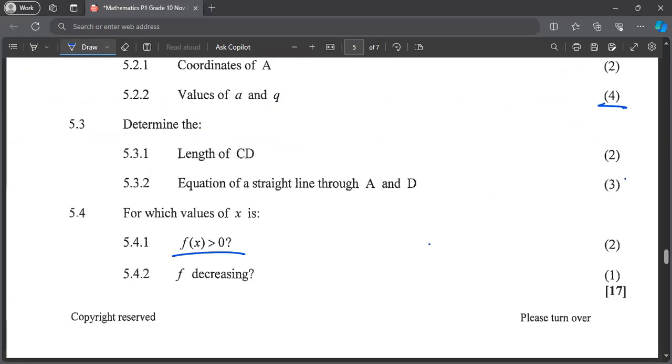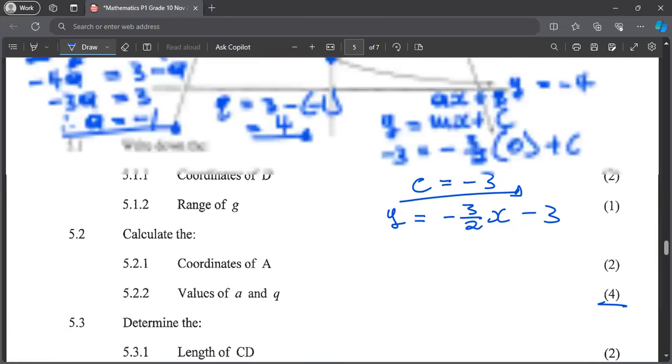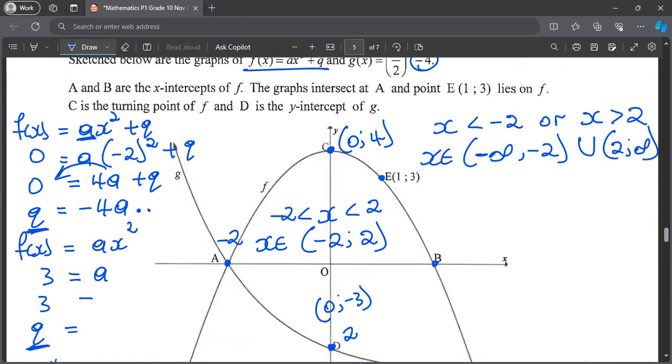And then the last question says, for which values of x is f decreasing? So if they say decreasing or increasing, you have to go to the x-coordinate of the turning point. Then you want to see what is happening to the graph on either side of the x-coordinate of the turning point. So let's see.